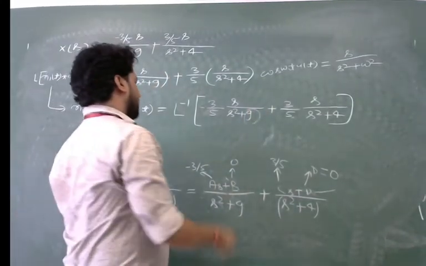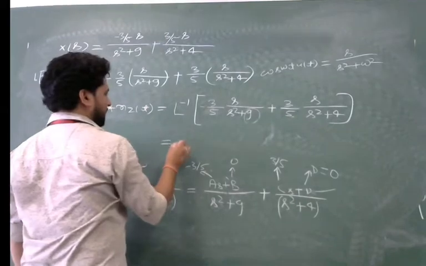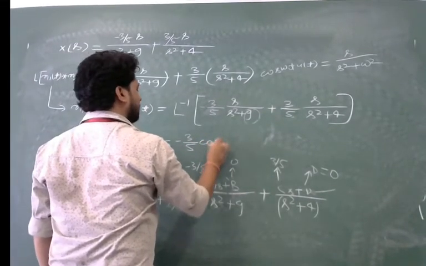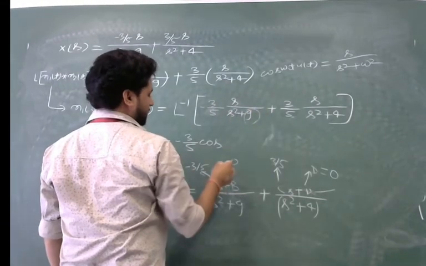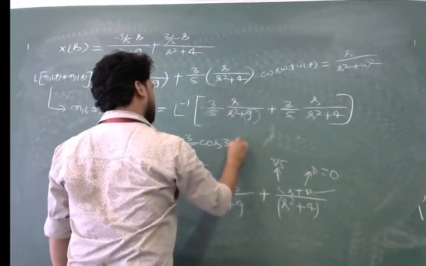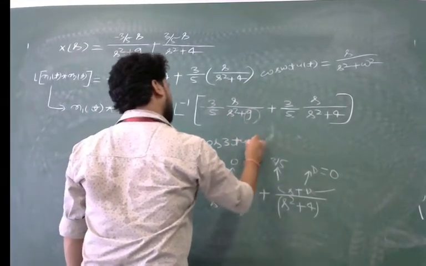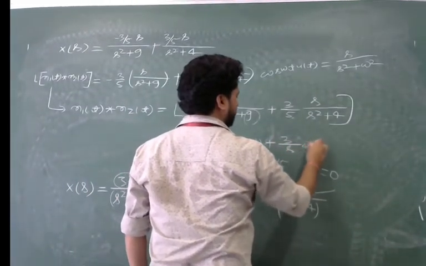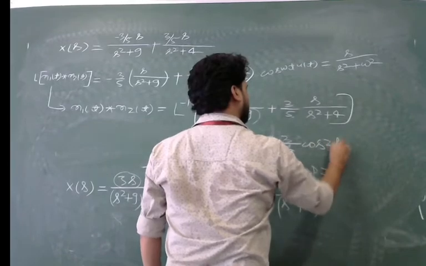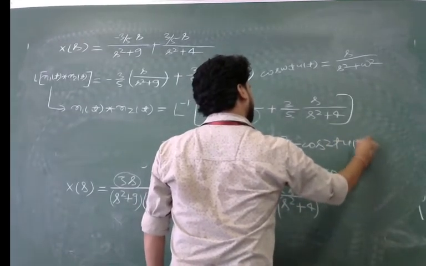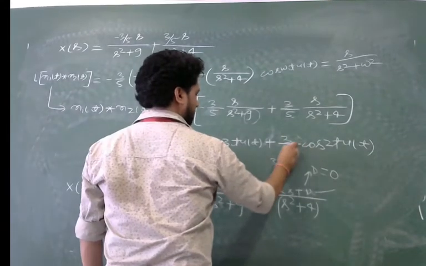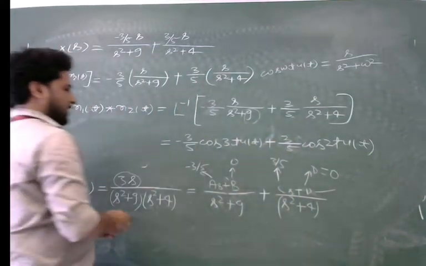So this can be written as minus 3 by 5 cos of, in place of omega, it is 3, so cos of 3t u(t), plus 3 by 5 into cos of 2t u(t). After comparison, we can write it in this way.